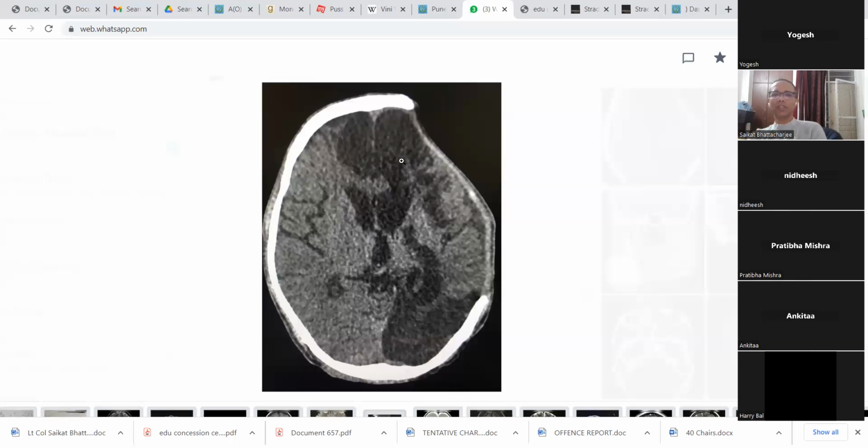The basifrontal regions, the temporal poles anteriorly and the occipital poles are all prone to coup contre-coup injuries. So this might have been a coup injury, a contre-coup injury with maybe a large EDH or a large hematoma, which had to be evacuated and a decompressive FTP needed to be done.